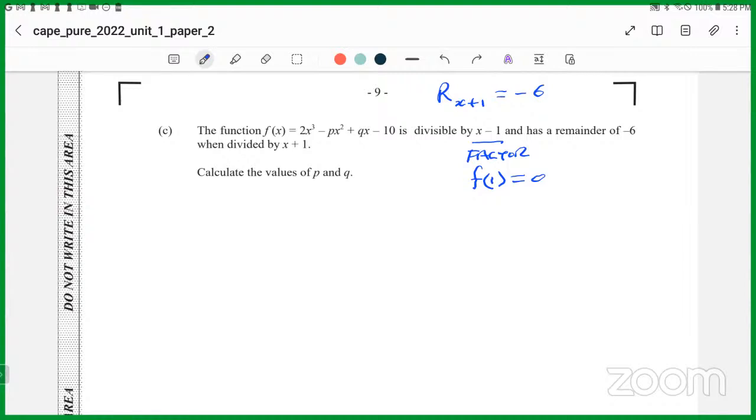becomes f of -1. To know it's f of -1, one way to do it is to put x plus 1 equals 0 and get x equals -1. They're looking for f of -1. But if you go from the theory aspect of it, remember your divisor must be in the form k into x minus a.